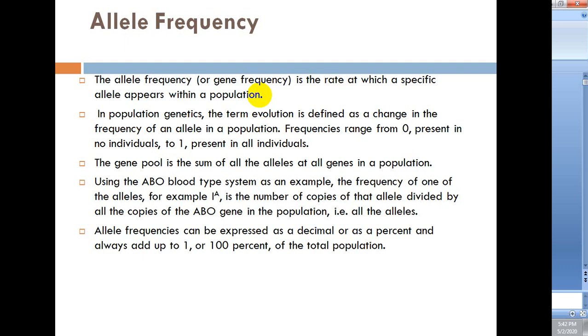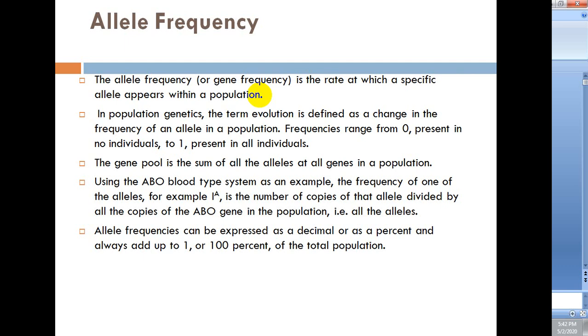The allele or gene frequency is the rate at which a specific allele appears within a population. And in population genetics, the term evolution is defined as a change in the frequency of an allele in a population.